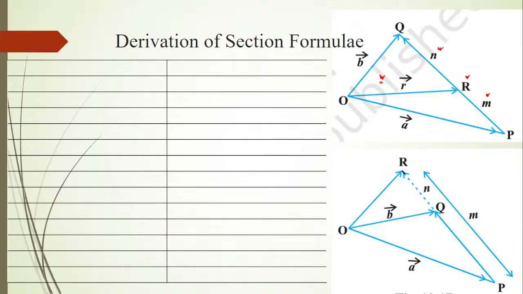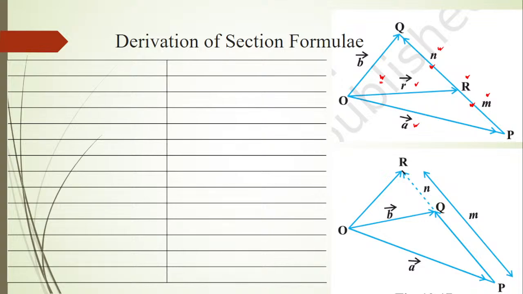The position vector of OP is vector a. The position vector of OR is vector r. So we find out here the value of vector PR and vector RQ. Let's see one by one.